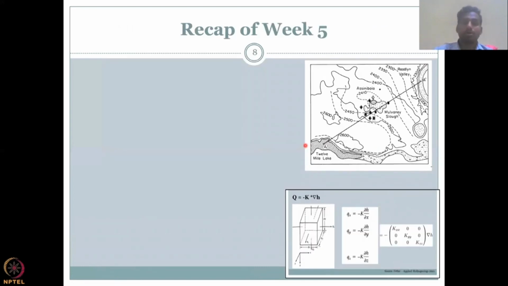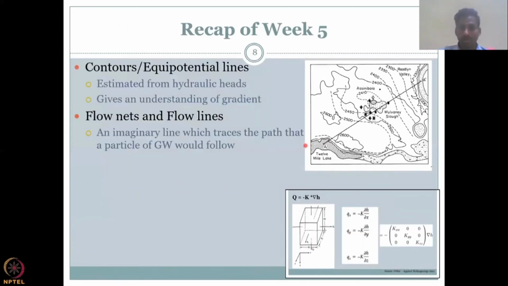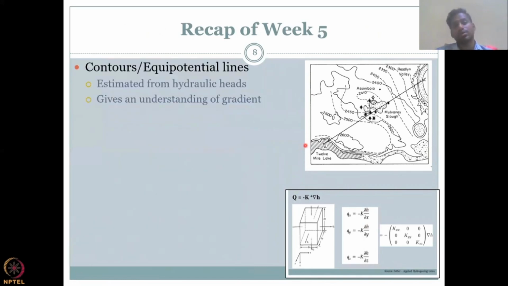So to recap the week 5, we looked at contour lines or equipotential lines, which are basically constructed from the hydraulic heads. You place them across the field, and then from the field you have hydraulic heads placed across the field. You connect these hydraulic heads of same levels to get contour lines estimated from hydraulic heads, and gives an understanding of the gradient, the direction in which groundwater flow is occurring.